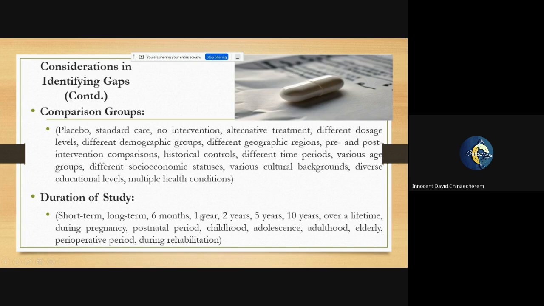So you can see a topic that looks alike, the same topic, but it only considered interventions from a certain duration, or it considered all durations of intervention in the inclusion of studies. So your gap can be that you want to conduct a systematic review on the same topic.